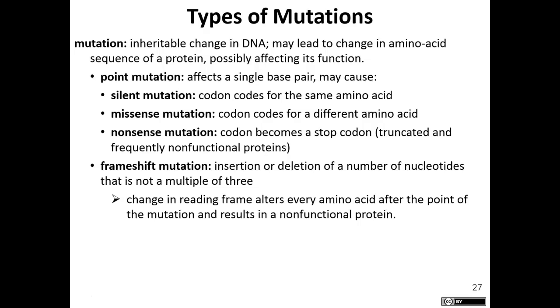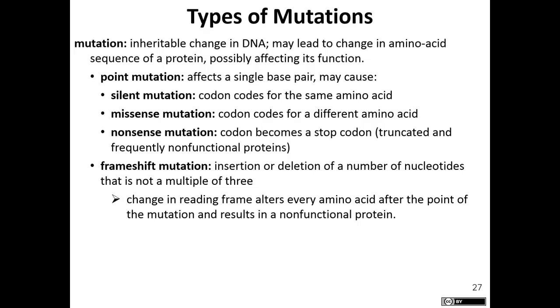And so a point mutation can be called a silent mutation if the codon that is being coded for is the exact same amino acid, and I'll show you what that looks like in just a minute. It could be called a missense mutation, where it codes for a different amino acid. So one nucleotide changes and an entirely different amino acid is produced. Or it can be a nonsense mutation if the codon changes to a stop codon.